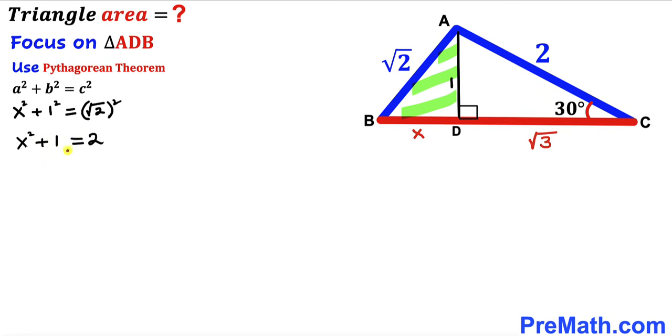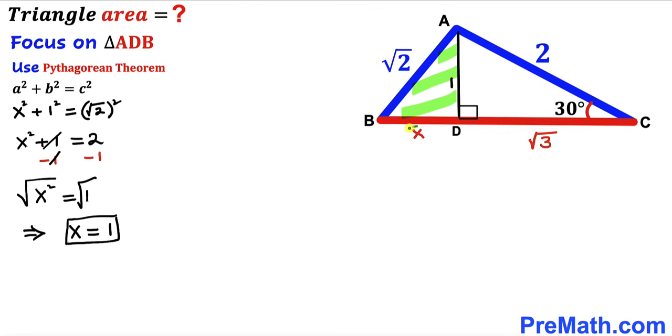Now I am going to subtract 1 from both sides, so the 1 and negative 1 are gone. x squared turns out to be equal to 1. Now I am going to undo this square by taking a square root on both sides. So our x value simply turns out to be positive 1 unit.